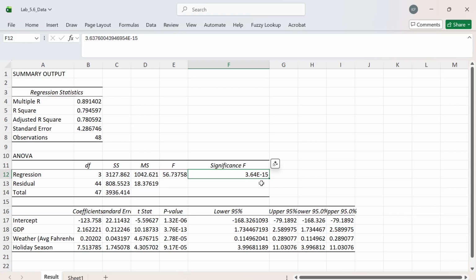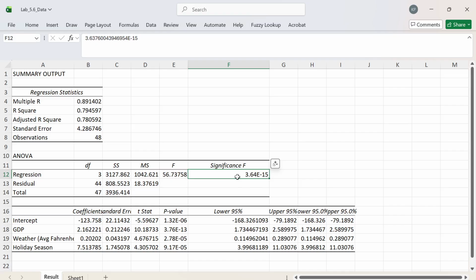In this case, for checking significance F, the regression performed better at predicting product demand than a prediction made by random chance. So what happened in this case?